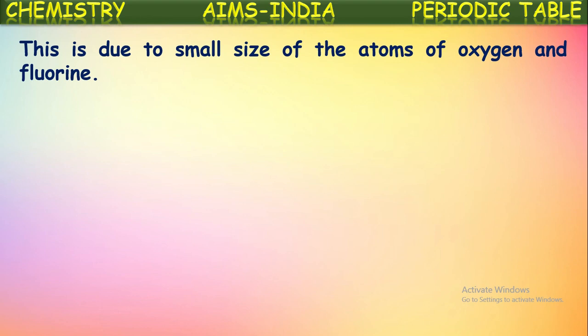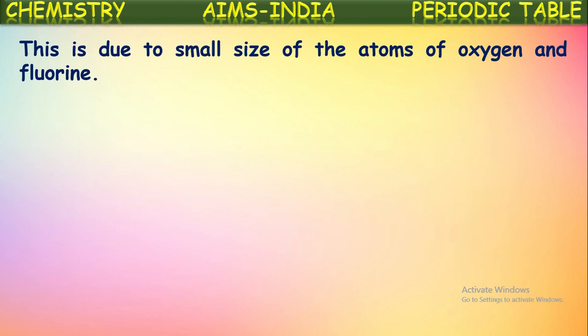That is why the amount of energy released by fluorine while taking an electron is less than expected. But in the case of chlorine, what happens? Its size is much bigger. It has a third shell. It has only 7 electrons. It can accommodate 10 more electrons, isn't it? So there is no question of repulsions between them. That's why from fluorine to chlorine it increases. Then after chlorine down the group it decreases.